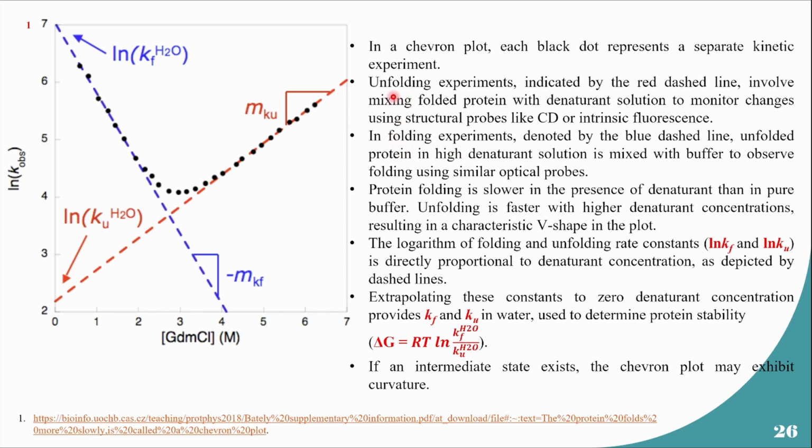Now, of course, if you are trying to do an unfolding kinetic experiment, this is the red line here. What you have to do is start with a certain folded state, right? And then you progressively add more and more denaturant into the solution. If you add more denaturant like this guanidinium chloride into the solution, what will it do? It will, of course, induce unfolding in that protein.